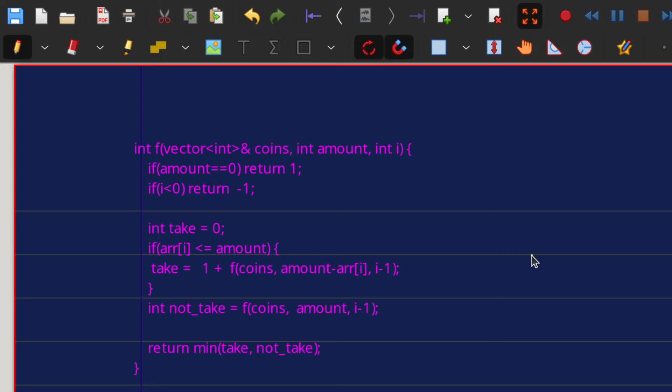We have coins 1, 2 and 5, right? So I is here right now, and amount is 11, right? It goes, let's say, here. If amount is 0, no, I want to take. Okay, amount is yes, so take is 1 plus f of coins, and amount becomes 6, right? 1 plus 6, and I minus 1 is there.